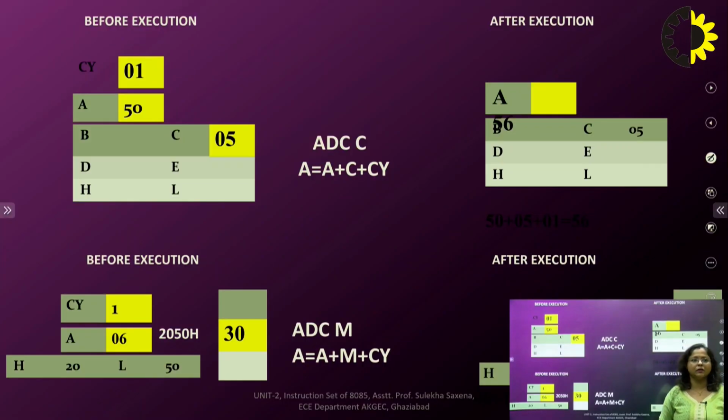For example, if we take ADC C, let the accumulator value be 50, C register 55 and carry flag 1. After the execution, the result will be 55 plus 1, that is 56.